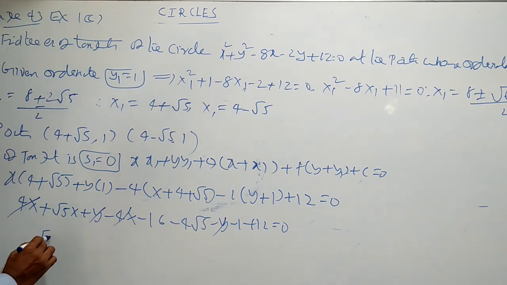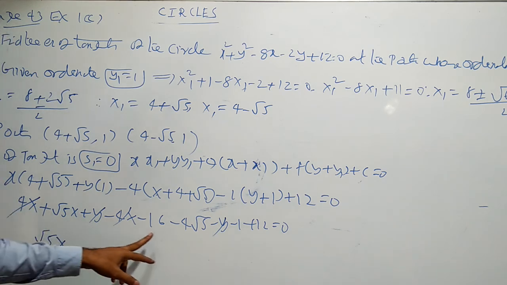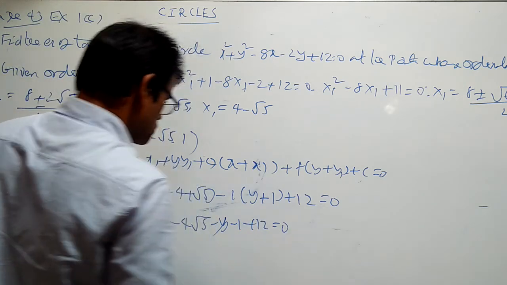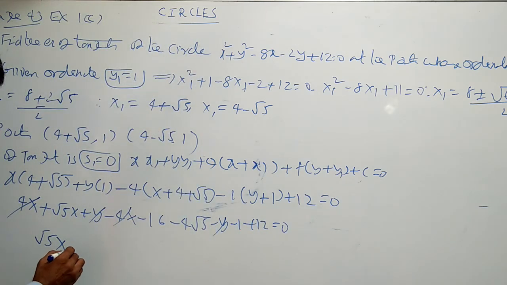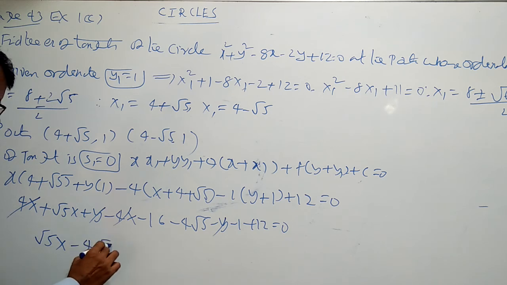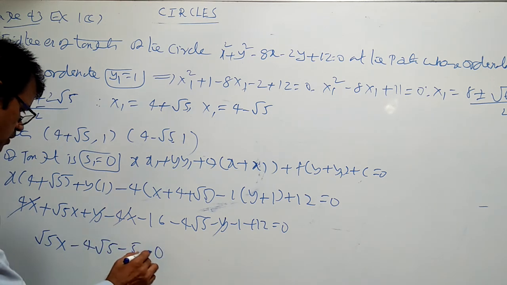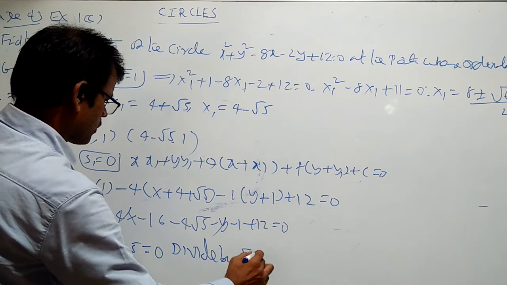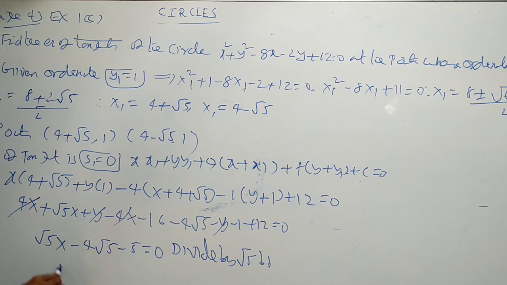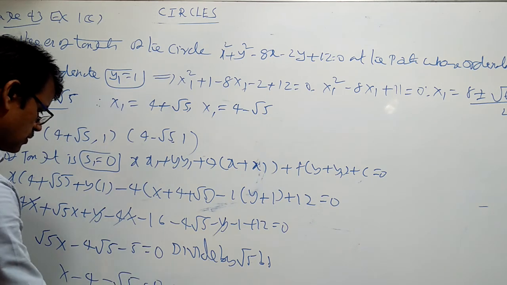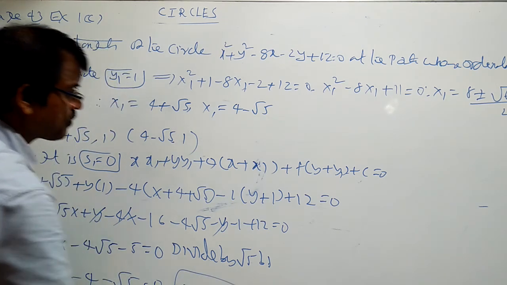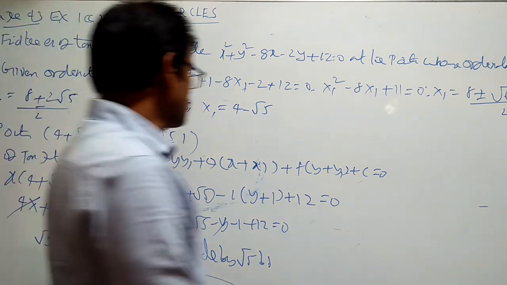Now you can write here root 5x, and the constants are minus 16 minus 1 is minus 17, plus 12 is minus 5. So root 5x minus 4 root 5 minus 5. Now divide by root 5 both sides. You can write x minus 4 minus root 5 equal to 0. Therefore, x is equal to 4 plus root 5. We got the same answer as x1.